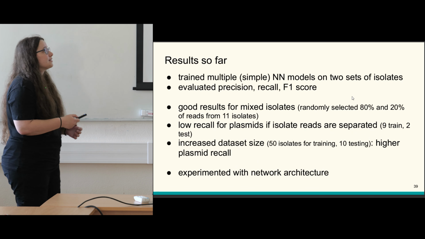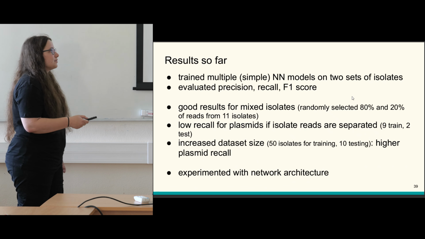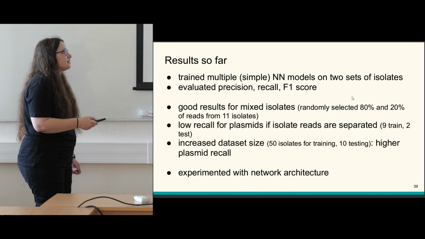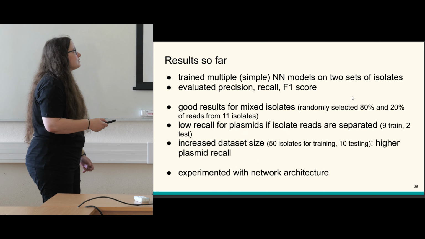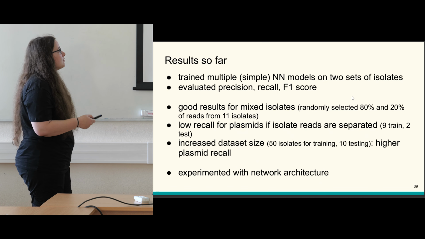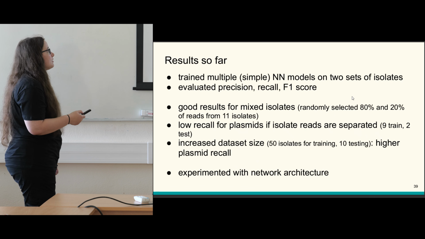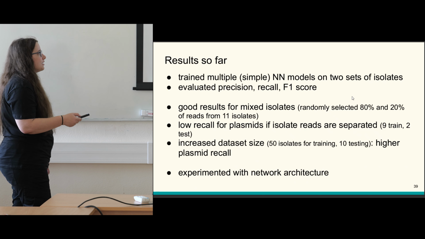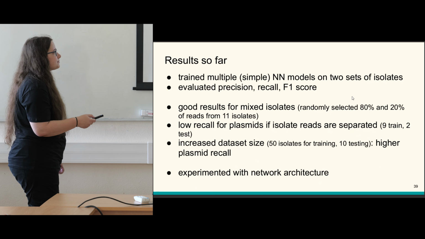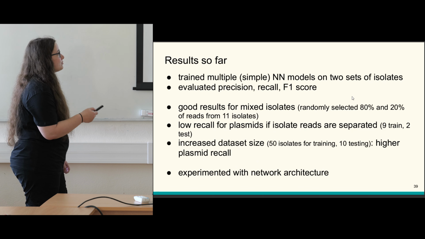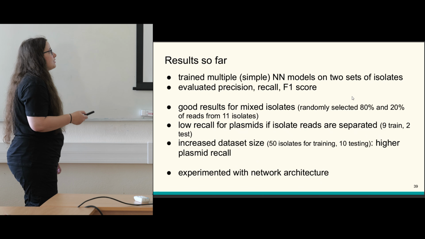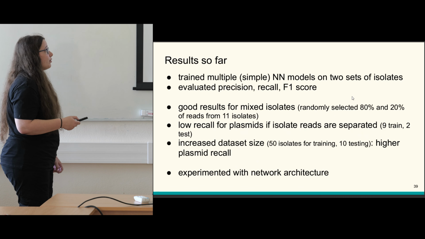So if we randomly select 80% of the data set for training, and 20% for testing, then we can get good results. But if we divide the data set in a way that we have 9 training isolates and two isolates for testing, then the recall for plasmid was very low.